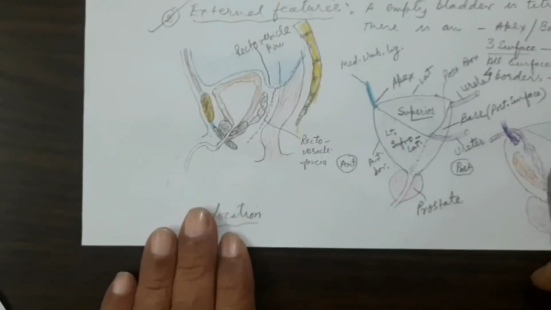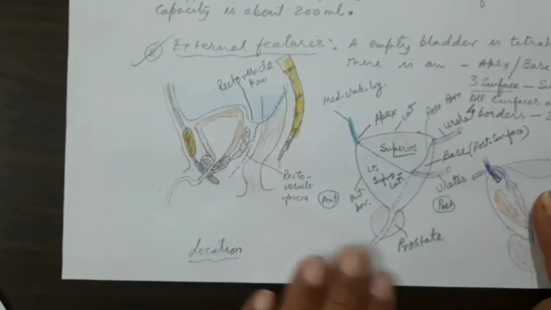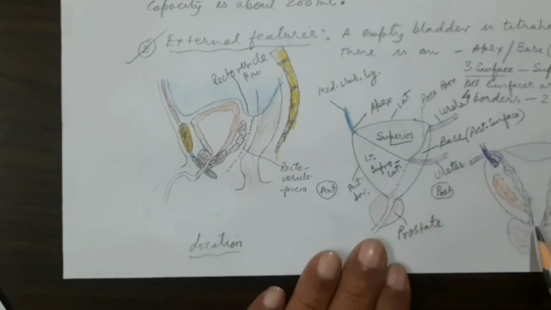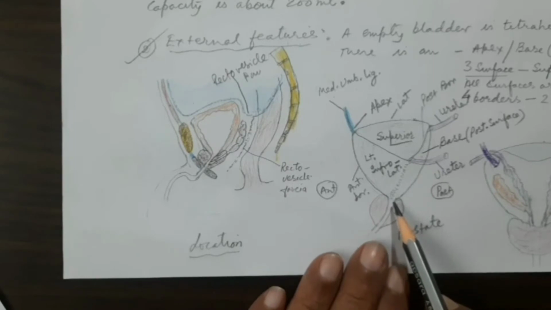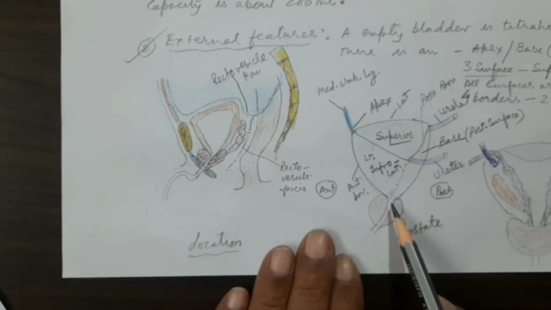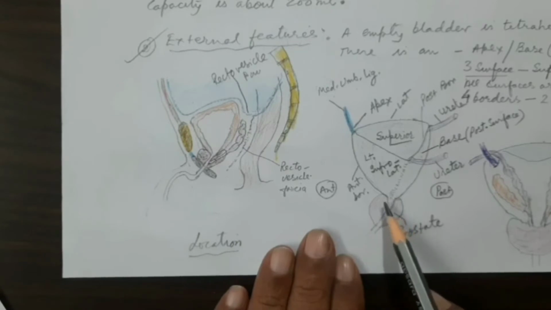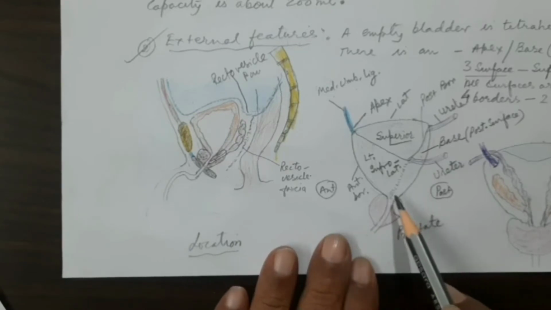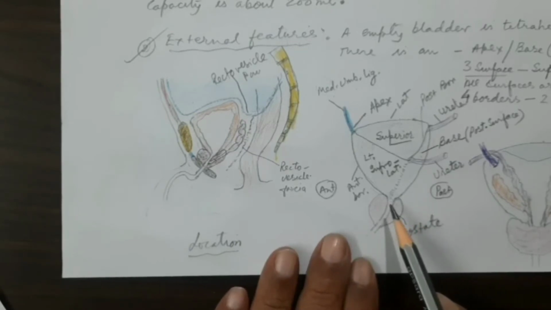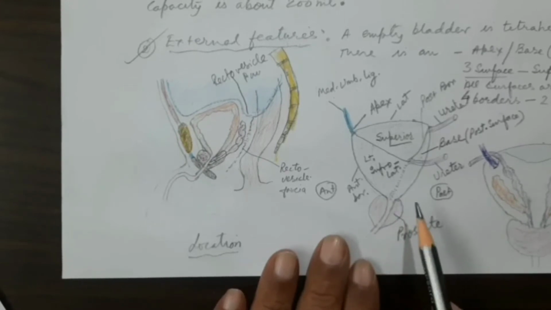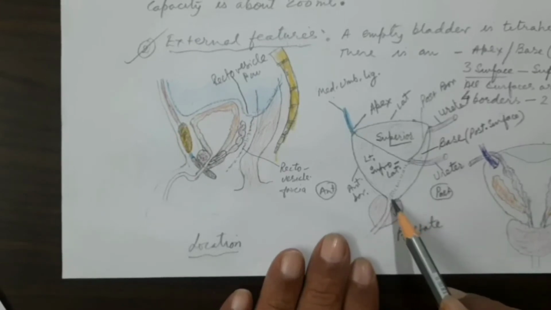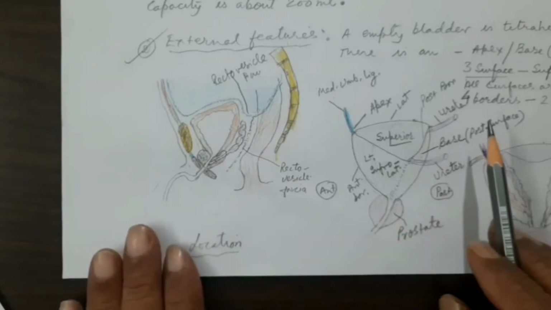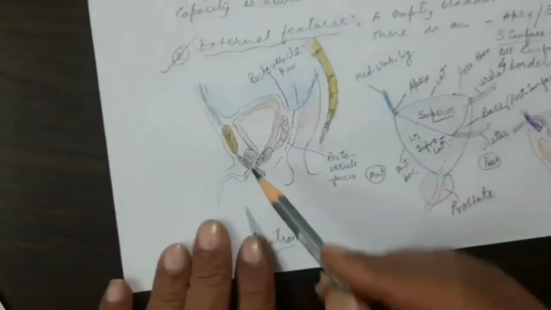Okay, let us come to the relation of the neck. I said the neck is the lowest, narrow part of the urinary bladder, which is inferior. It is the lowest, but it is a fixed part. It is attached with the ligaments. As I will tell you, in relation to the neck, various ligaments are attached to the lower part. And this lies about 2 to 3 centimeter behind the pubic symphysis at the lower margin.